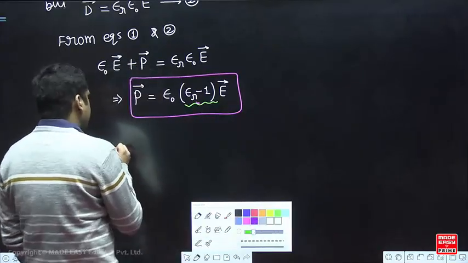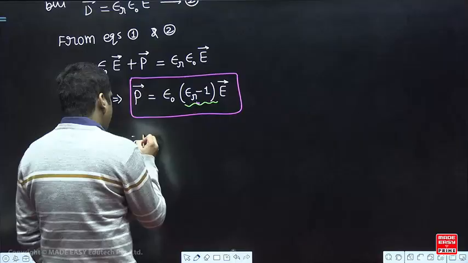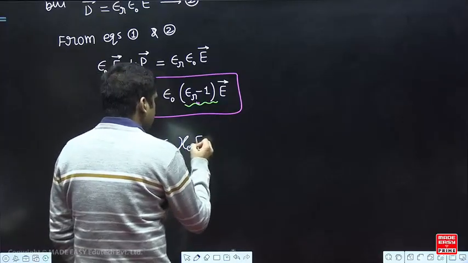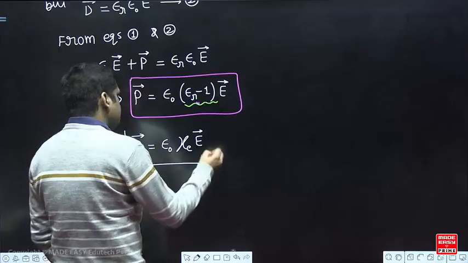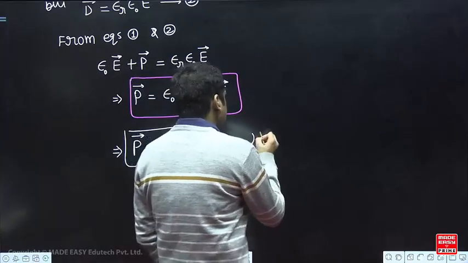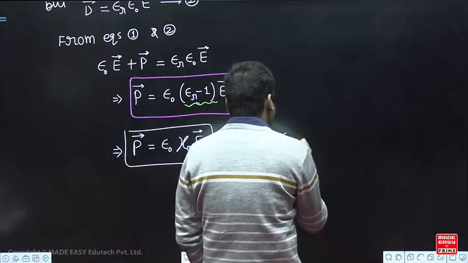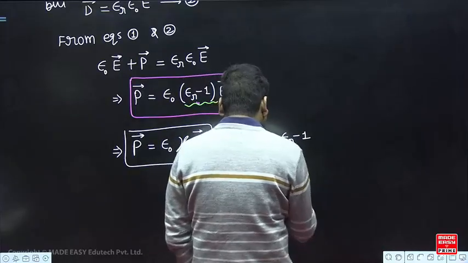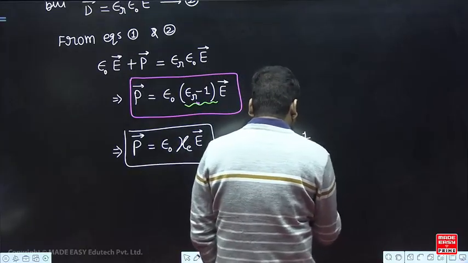Now you see, this epsilon r is a material property, so epsilon r minus 1 will also be a material property. So from this we can have capital P is equal to epsilon naught chi e into E, where this new symbol chi e is nothing but epsilon r minus 1. It is known as electric susceptibility of material.